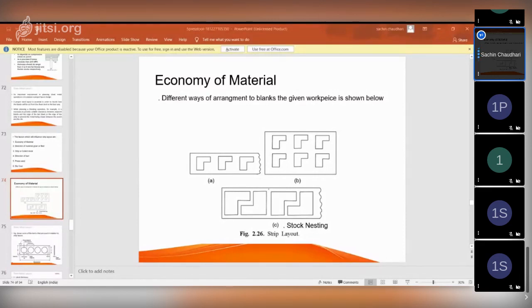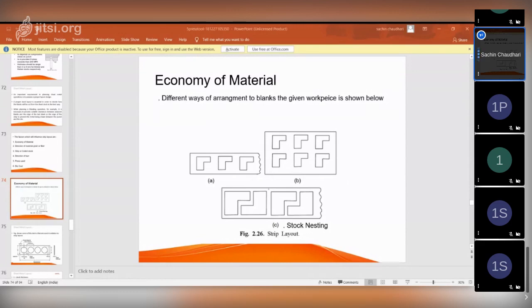Whenever there is mass production, this stock nesting type of arrangement is not always the right choice. Okay, so it depends upon your production, the large number of parts to be produced. So that factor also we have to take care of.